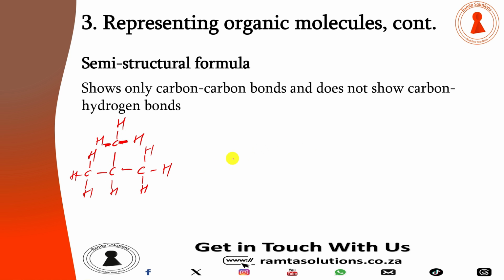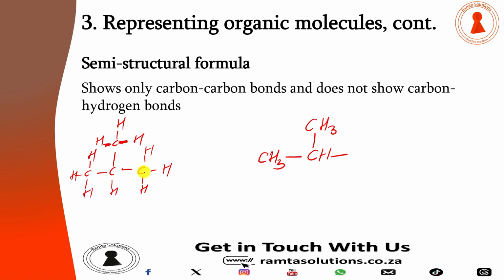Now the semi-structural formula will show the bonds between what? Between carbons. So it'll be CH3 for this carbon here. As you can see, it is bonded to 3 hydrogens. The carbon in the middle is bonded to only 1 hydrogen. It's then bonded to another carbon, which is this one here, and this one is bonded to 3 hydrogen atoms.